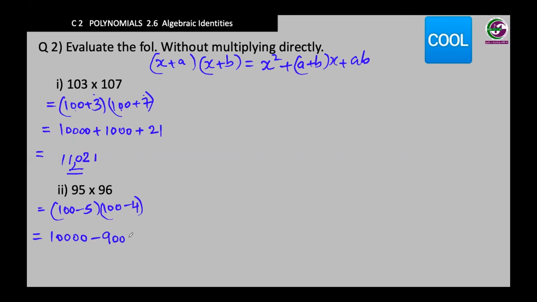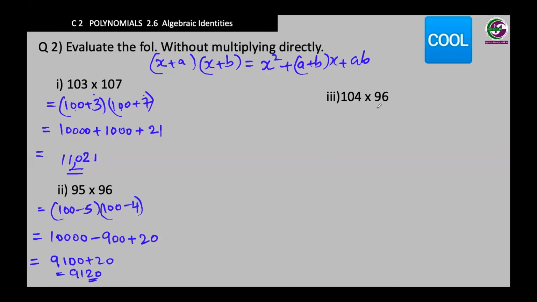And negative times negative is positive, so positive 20. Okay, let's see the next question.